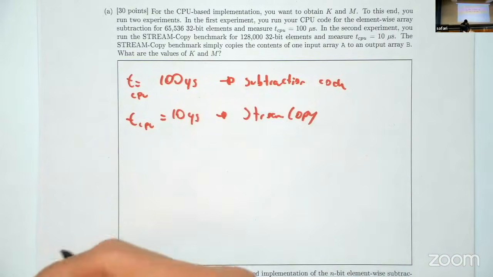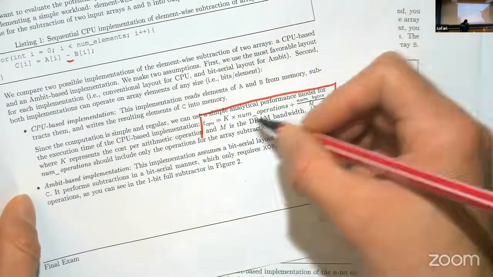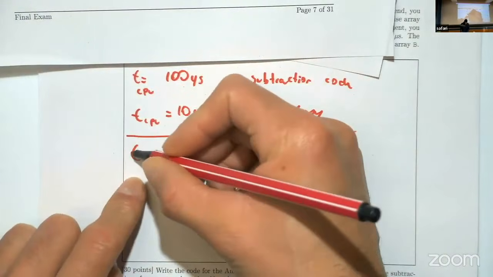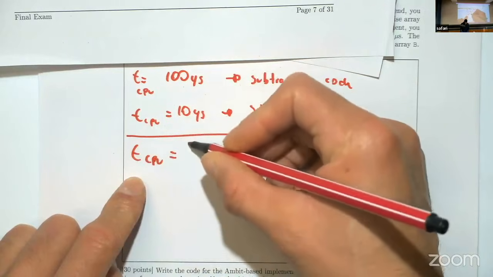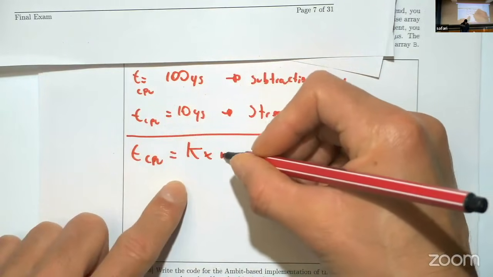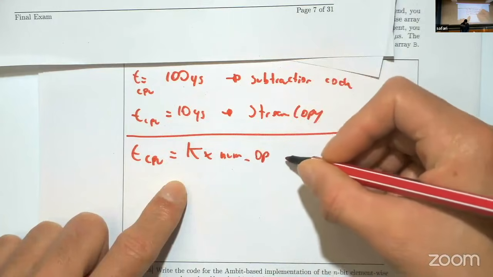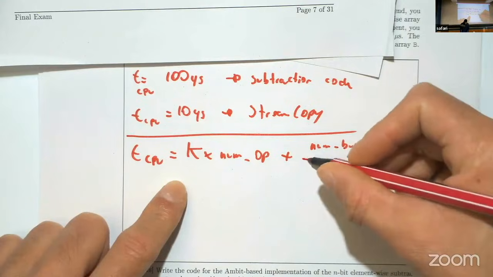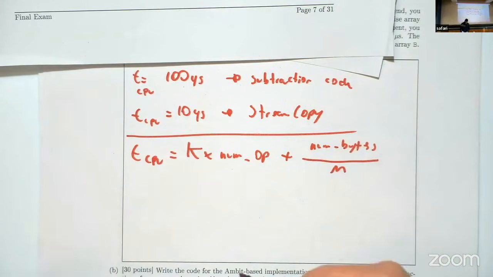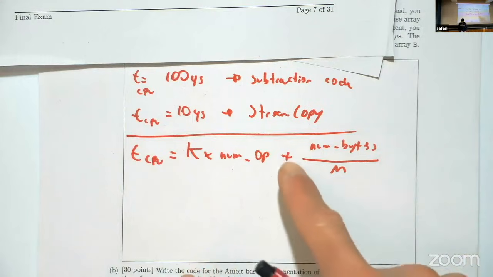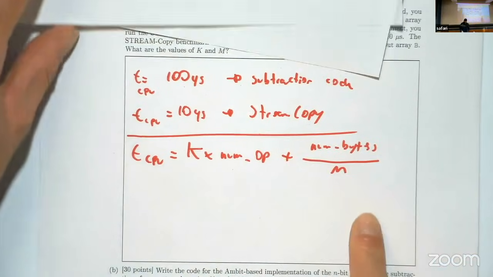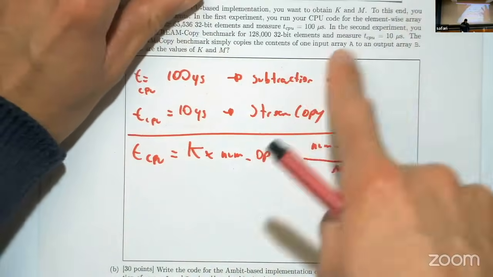So recall, this is the equation that we're going to be using. Time CPU is equal to K times num operations plus num bytes divided by M. The easiest way to figure this out is first calculating the value of M based on the stream copy, because as the question tells you, stream copy does not do any operations, it's just a copy.